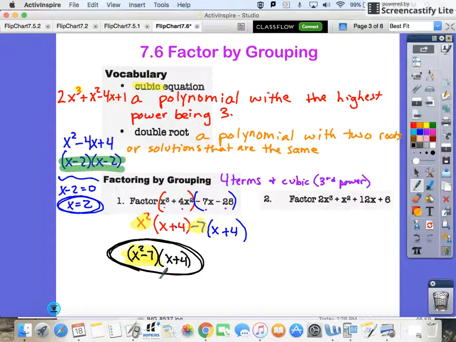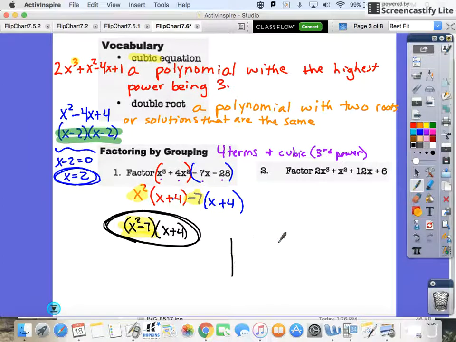The reason you only write it once is because if you create the box, so I'll just show you guys this once and then I won't do it again, but if you create this box, x squared minus 7, and then x plus 4, you end up with x cubed minus 7x, 4x squared minus 28. And if you put that in general form, like put that in order, you end up with the exact expression we began with. If you write it twice, it's totally going to mess it up.